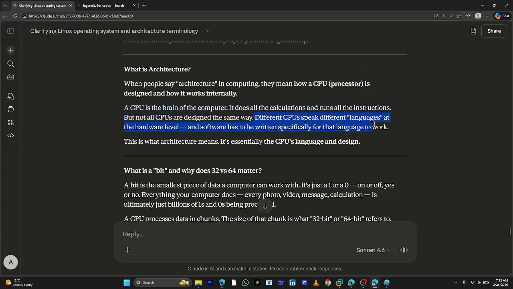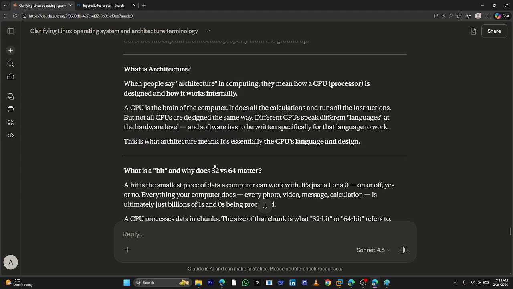Since you will be running software on that CPU, you need to figure out what specific language that CPU speaks in order for the software to work on that CPU. So that's what architecture actually means.